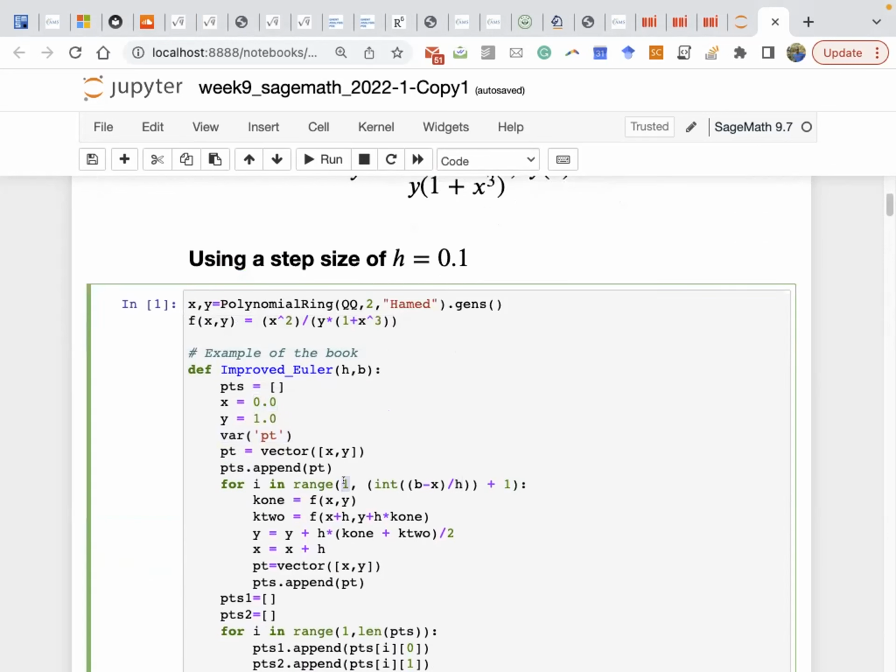So here range is between 1 and 10 plus 1, 11. 1 until 11, so it will be repeated 10 times. When we write 11 in Python, it will stop at 10. But in MATLAB, it would stop at 11. Julia would also stop at 11.